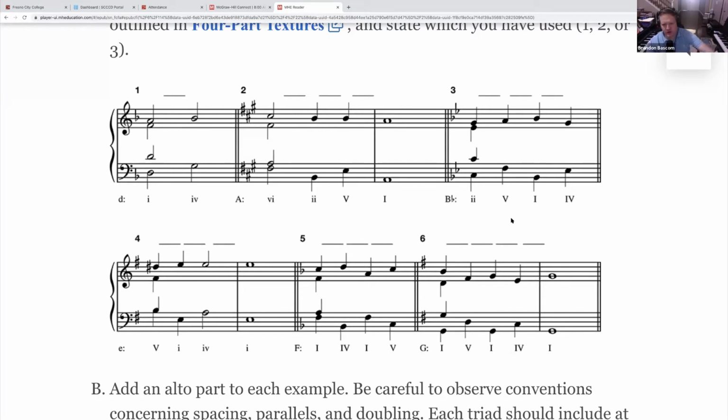We have a 2 chord, which is C, E flat, and G.